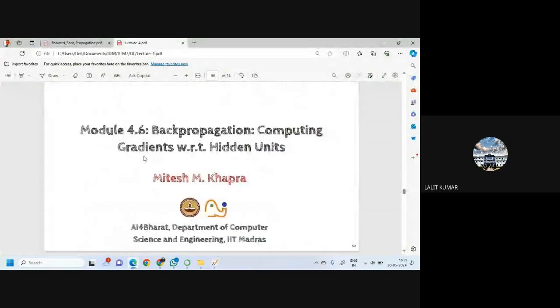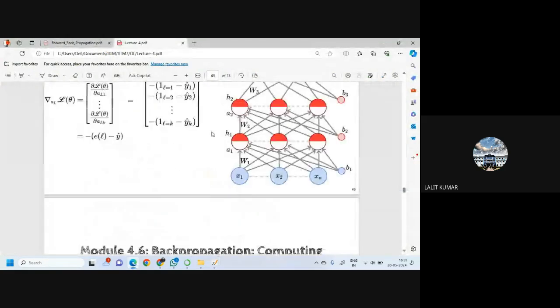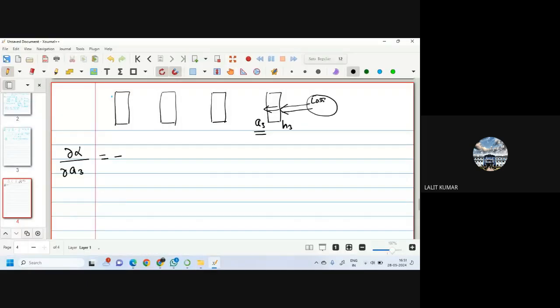The final value they have given on this is y hat minus this. So what we have found out is the value of, you can write it as y hat minus y. This is important to remember. y hat minus y.